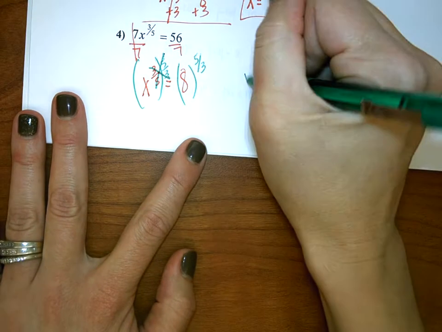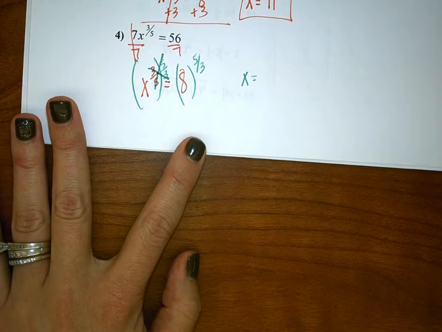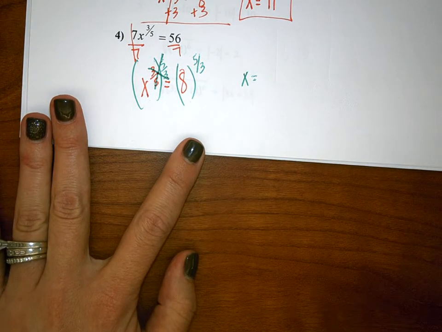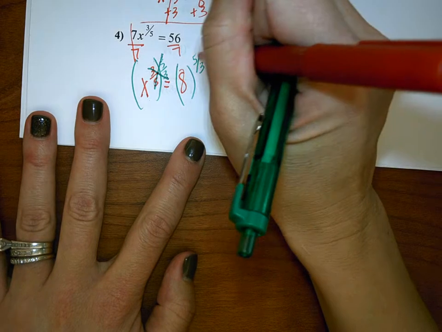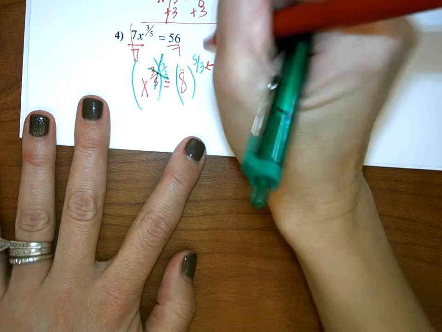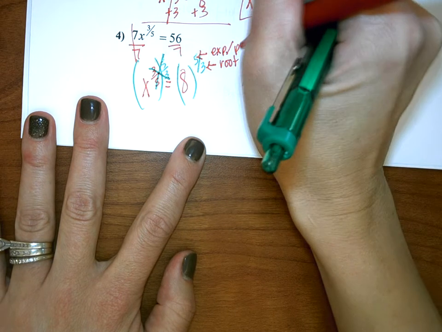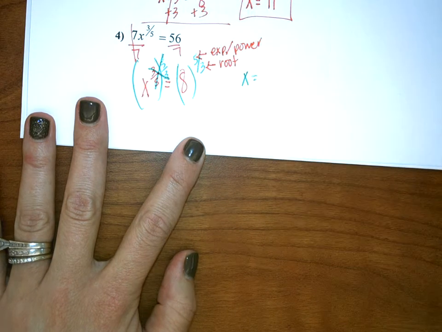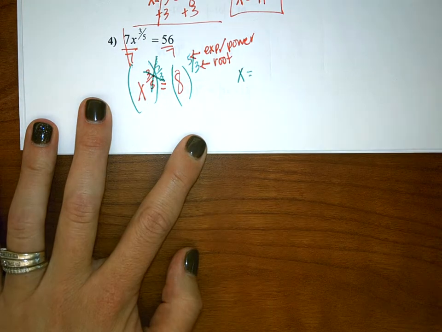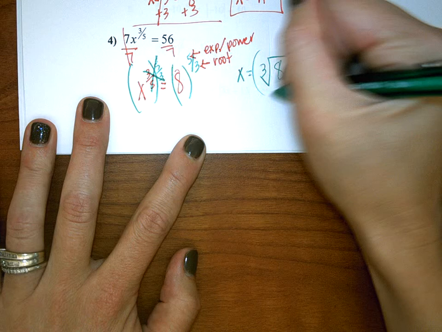But how am I going to rewrite this in order to find the answer? You have to root it. Which number is my root, 5 or 3? 3 is my root, and 5 is my power. So when I rewrite this, I'm going to write this as the cubed root of 8 to the 5th power.